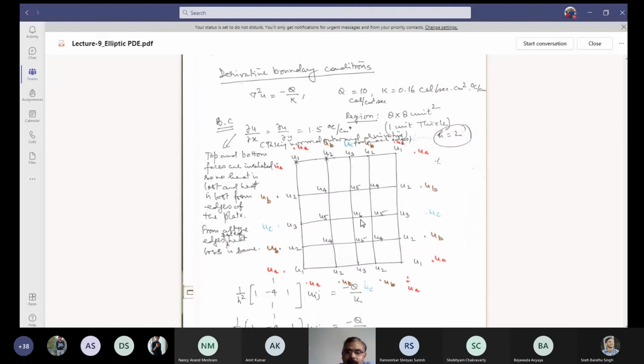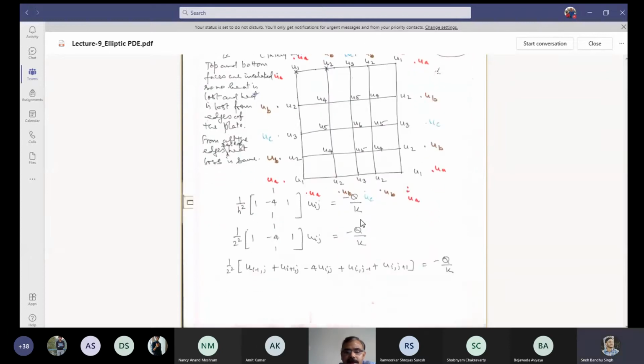Put the value of q and k, into h square also. 1 by h square is there. So minus 4 u5 plus u4 plus u4 plus u3 plus u6 equal to minus h square q by k. Is that right? Yes, sir.